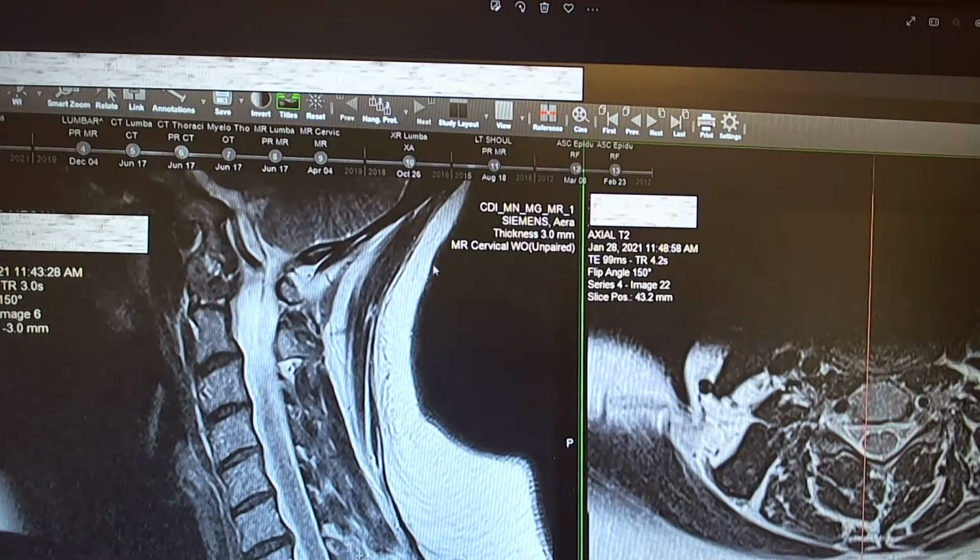And then you see the fat here, again, the nuchal muscle and ligament. Correct. T2 highlights mostly water, but fat as well is white in T2.